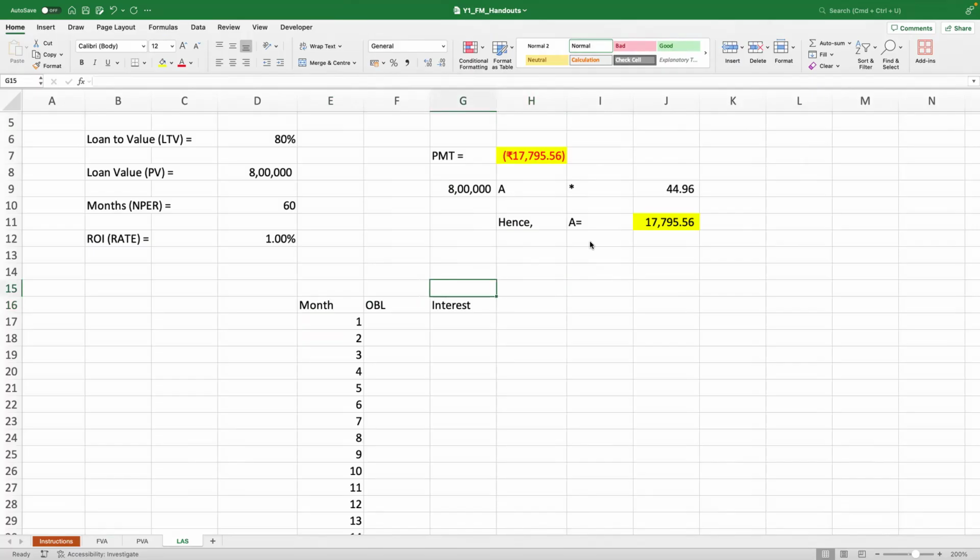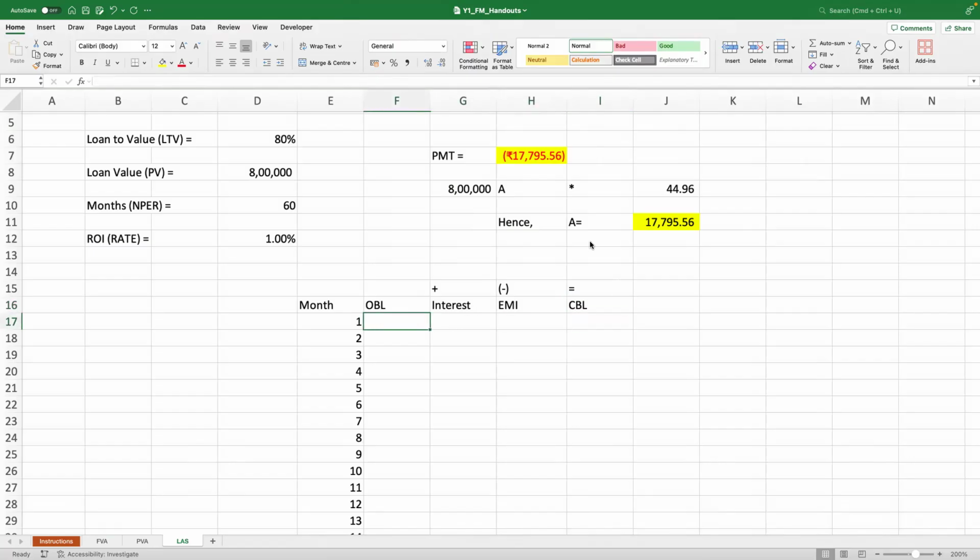So interest will be added. What will be reduced? Your EMI, which is your payment to the bank, equated monthly installment, which consists of principal and interest both, is reduced from your loan balance. And what are you left with? Closing balance of the loan.